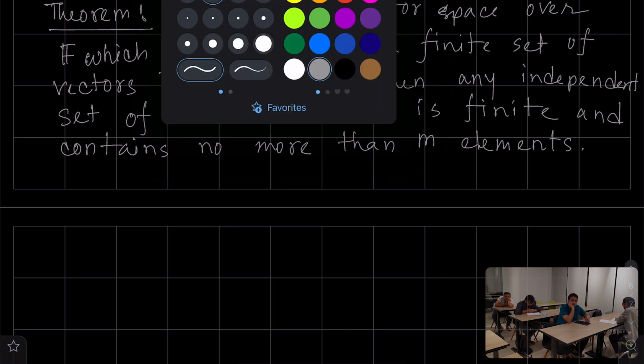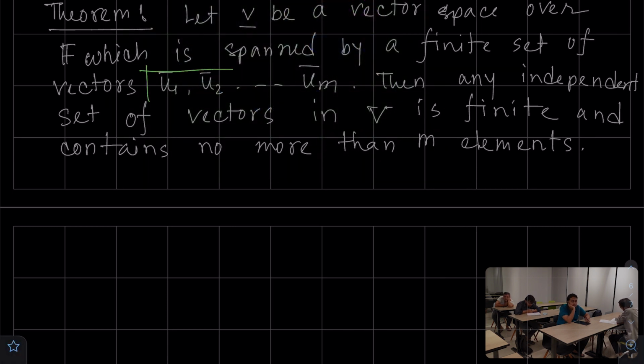So the theorem states that if I consider this vector space V over the field F, which is spanned by these vectors, then any independent set of vectors in V is finite and contains no more than m elements. So if you take another independent set from this same vector space V, that set will have at most m elements, right? Yeah.